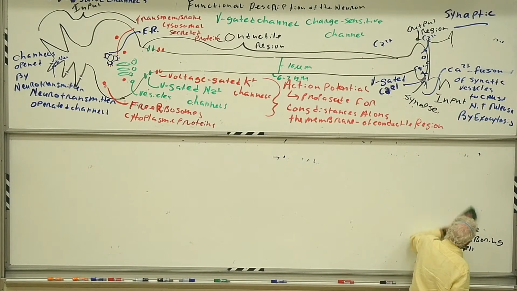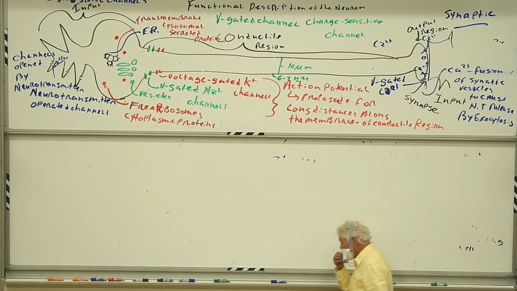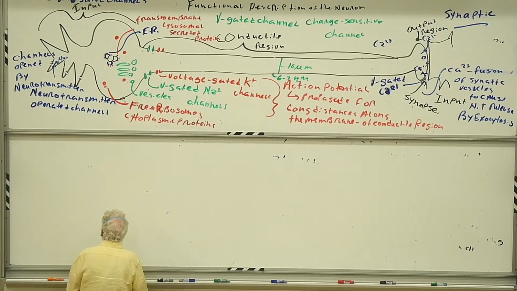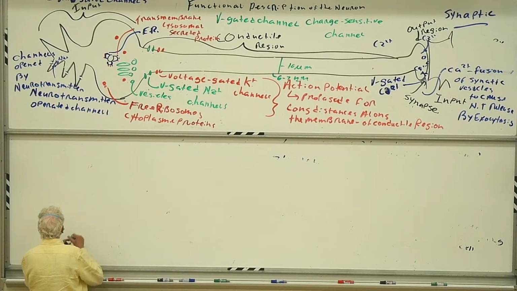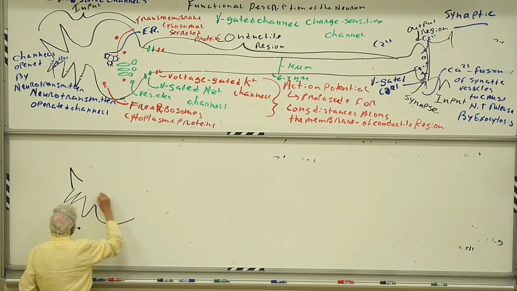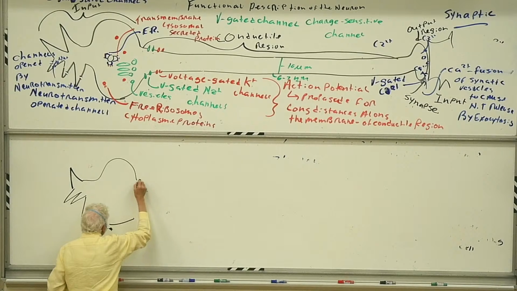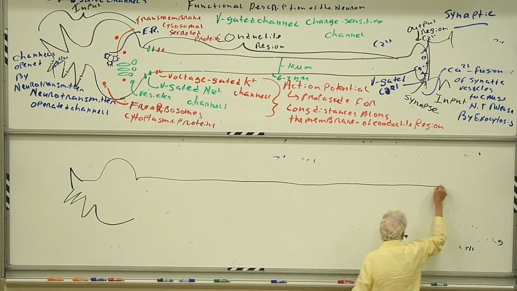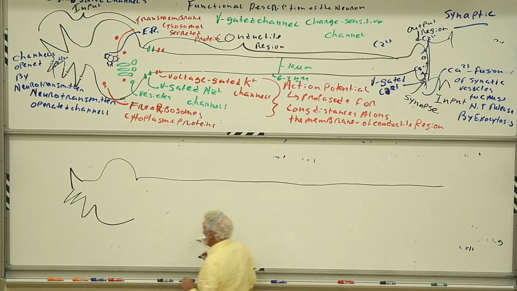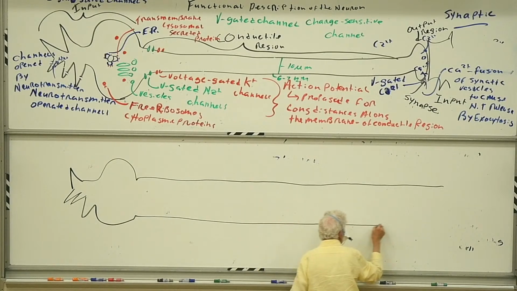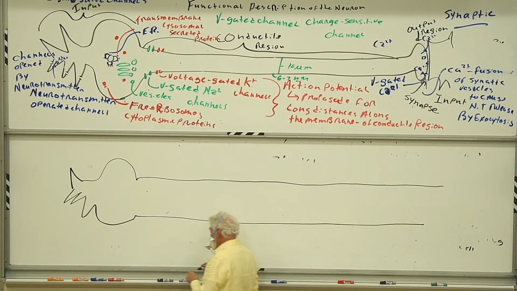So we've established the idea that all proteins are made in the neuronal cell body, our dendrites. And then all along the axon, you'll remember, there were these tube-like structures called microtubules.